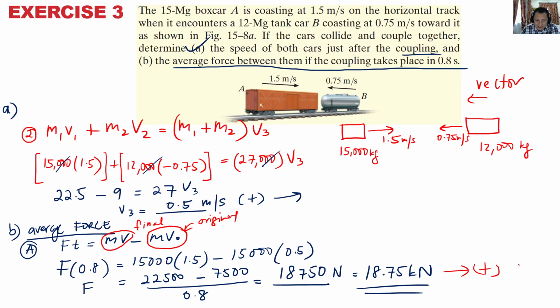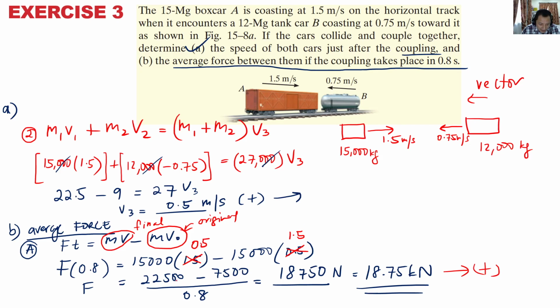This doesn't make sense, right? The original velocity is supposed to be 1.5 and the final is actually 0.5.